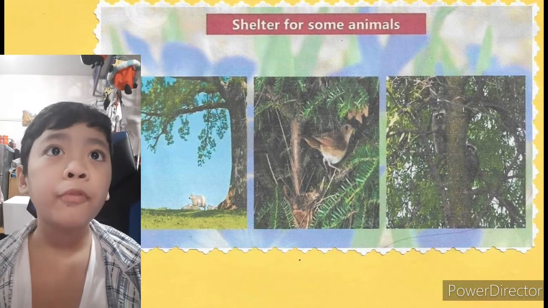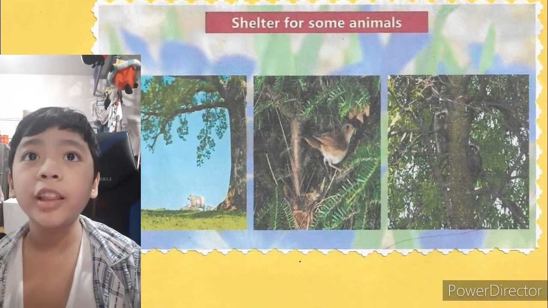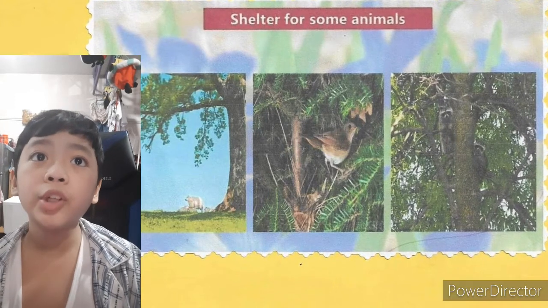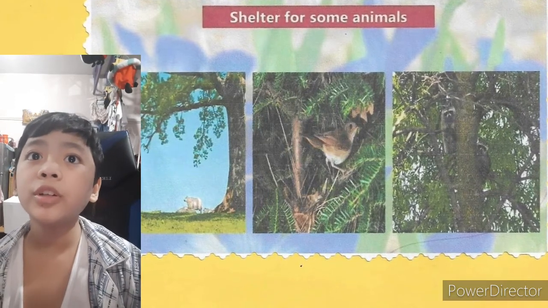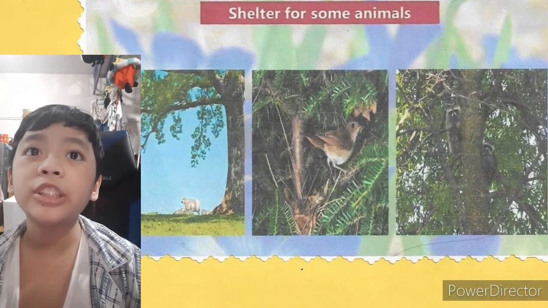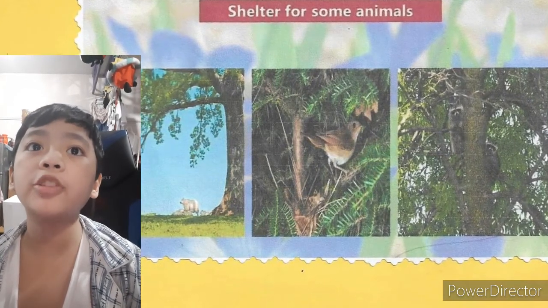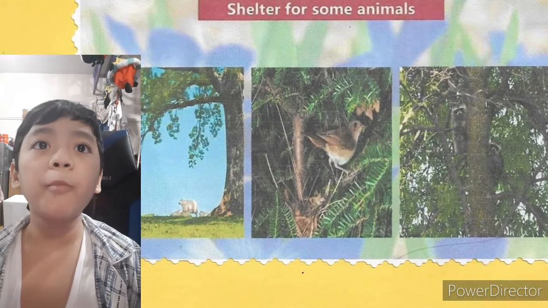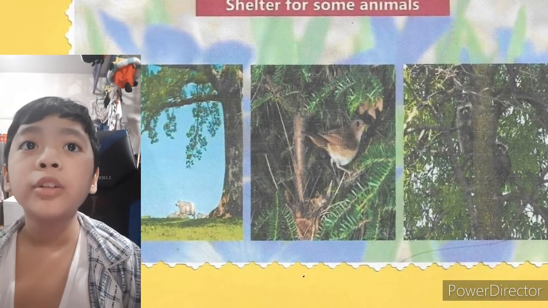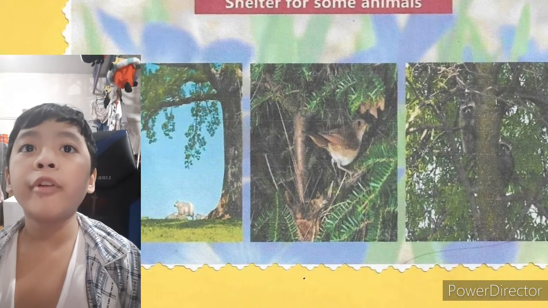Trees, for one, are excellent habitats for animals because their strong trunks can support the weight of a number of animals that sit and move around the tree branches. The leaves of plants also protect them from strong rains and winds.